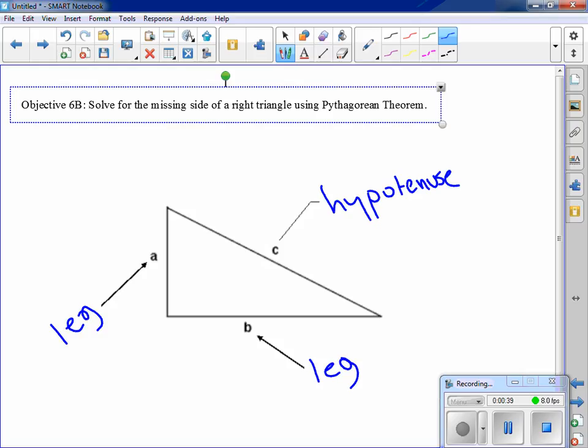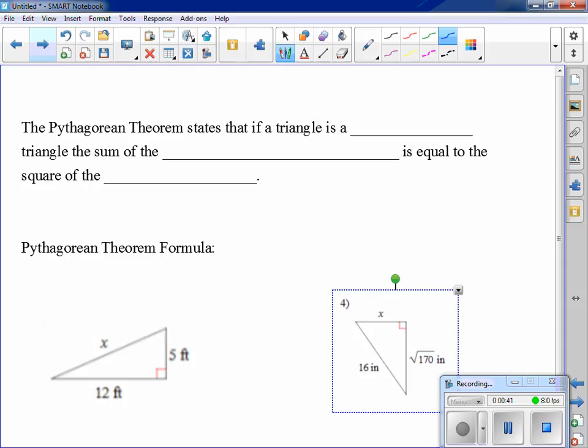So the Pythagorean theorem states that if a triangle is a right triangle, the sum of the squared legs is equal to the square of the hypotenuse.